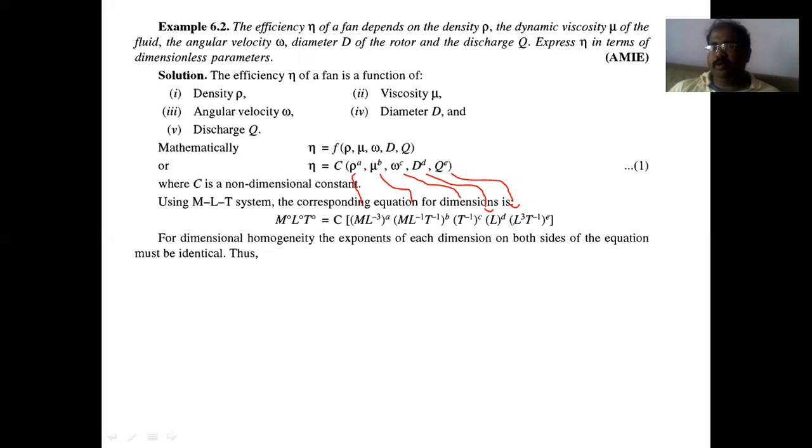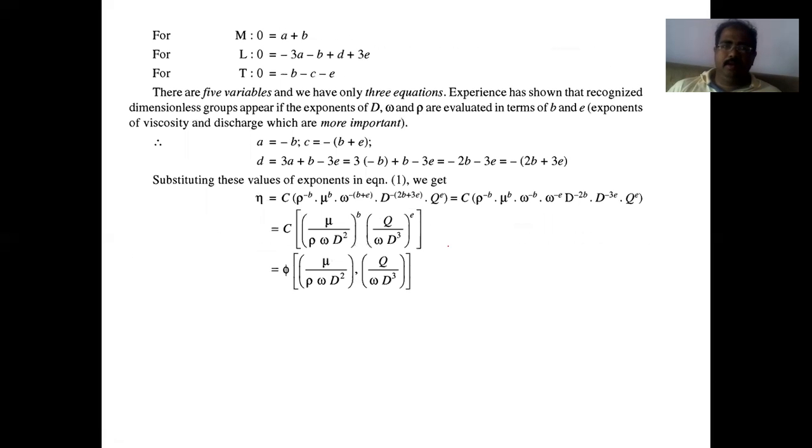That's why we write L cube T raised to power minus 1 with the exponents e, b, c, d, and a. So for M, 0 is equal to a plus b. For L, 0 is equal to minus 3a minus b plus d plus 3e. And for T, 0 is equal to minus b minus c minus e.